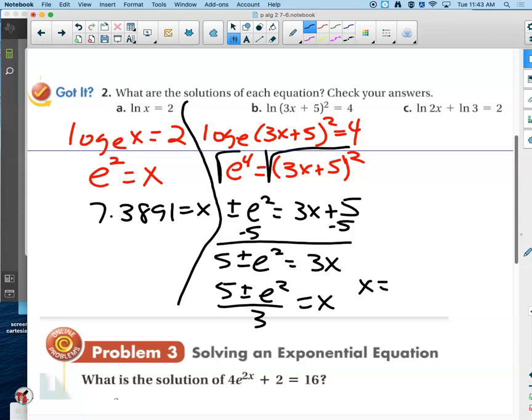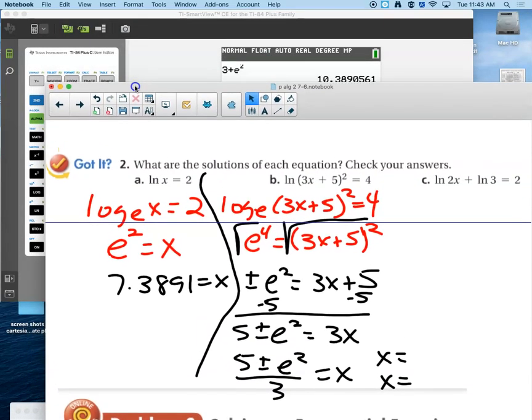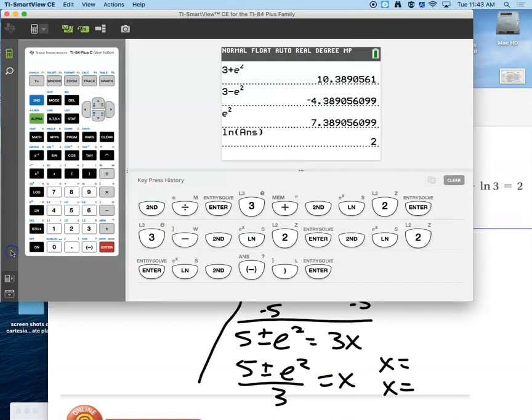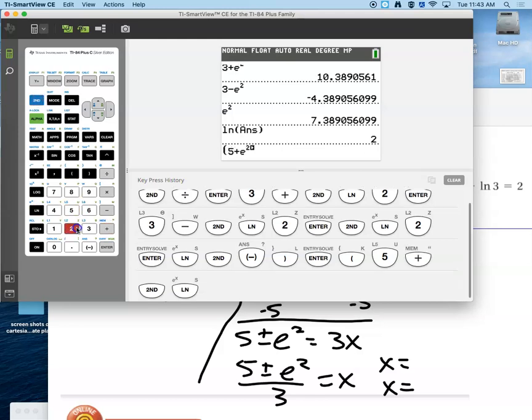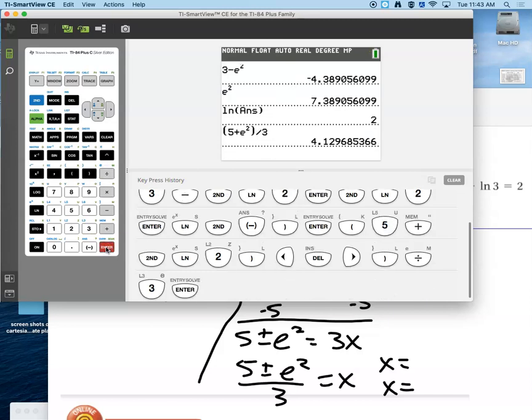And then we grab our handy-dandy calculator. Oh, let's see. Parentheses 5 plus second e squared, parentheses. Oops, got to pop it out of there. Divided by 3. And then I'm going to cheat and do second enter and just change this to a minus instead of having to punch it all in again.